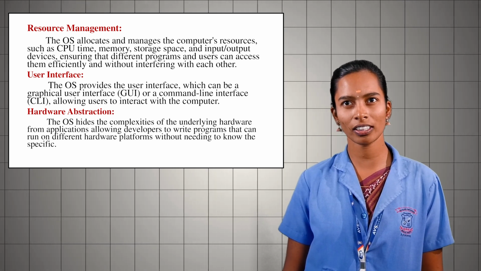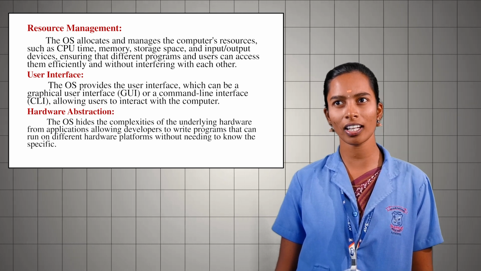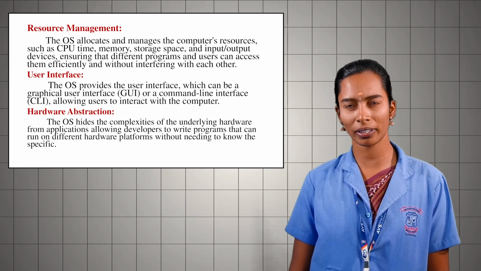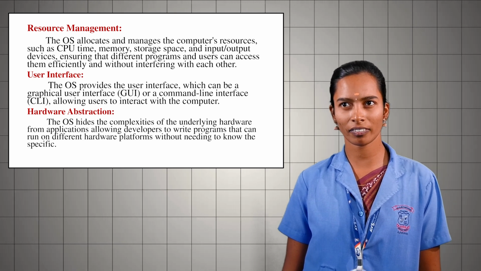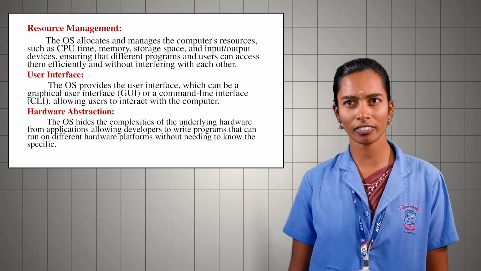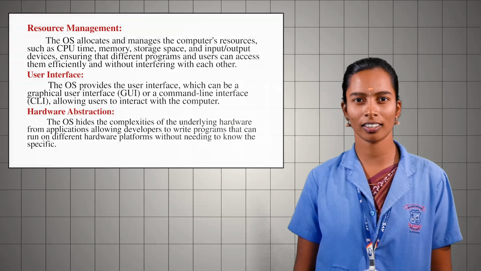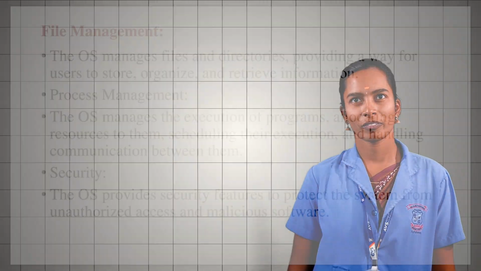Third one, hardware abstraction. The OS hides the complexities of the underlying hardware from applications, allowing developers to write programs that can run on different hardware platforms without needing to know the specifics. Next, file management.